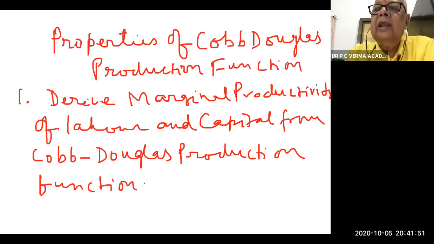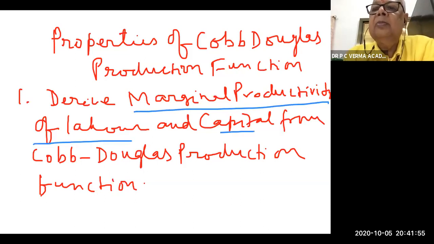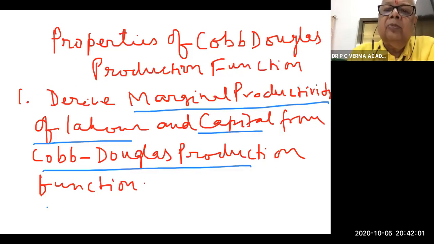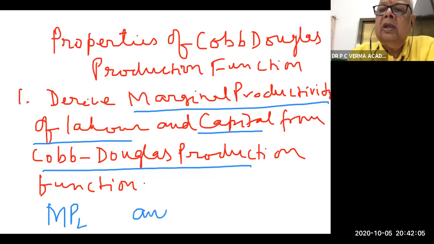So you have to derive marginal productivity of labor and marginal productivity of capital.